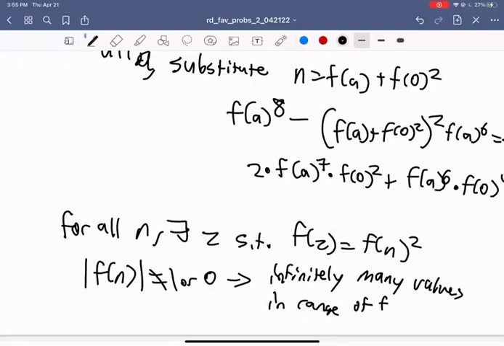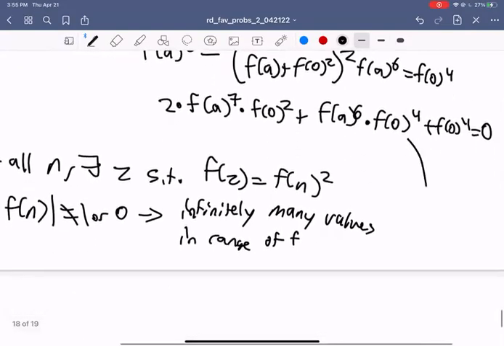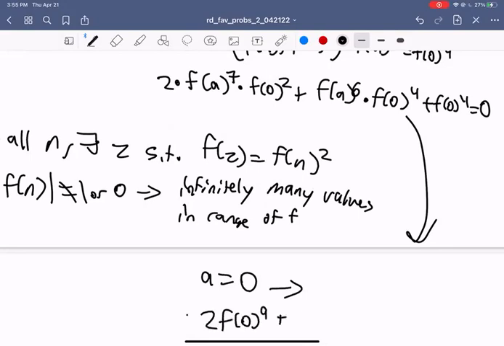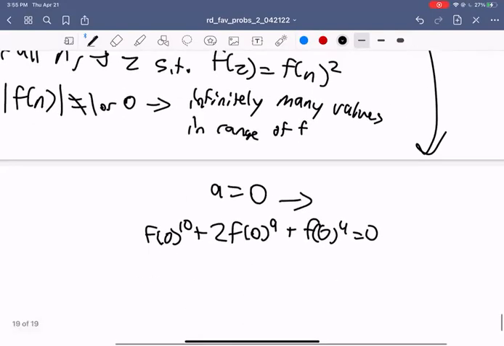And this might be a bit hard to motivate so far, so instead we could have continued this further and gotten that if a equals 0, in order to make the terms more familiar, we got 2 f(0)^9 plus f(0)^10 plus f(0)^4 is equal to 0.